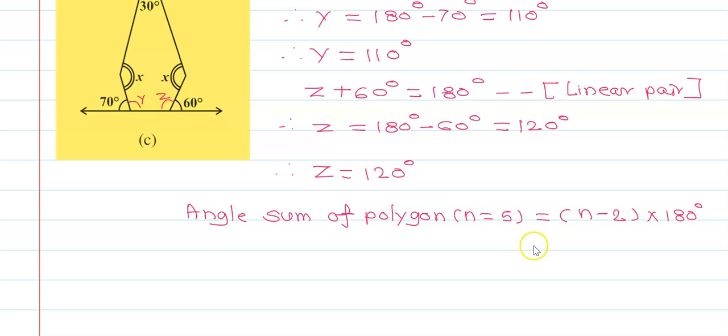And this equals to, n is 5, minus 2 into 180, and here that is equals to 3 into 180 degree, which is equals to 540.